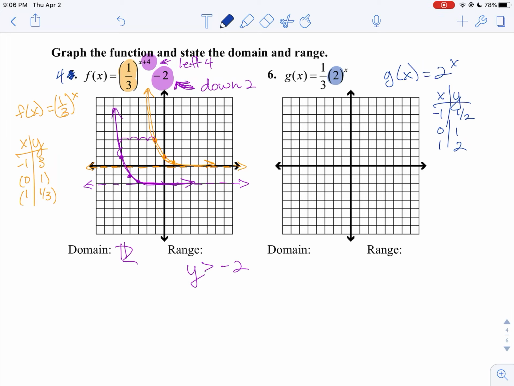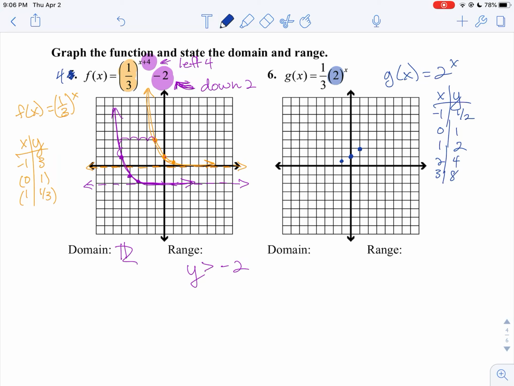And so I can graph those points. Negative 1, positive 1/2, 0, 1, and 1, 2. If you wanted to graph another point, then I could do a 2 in there. 2 to the second power would make 4. I could put a 3 in there. 2 to the third power would make 8.